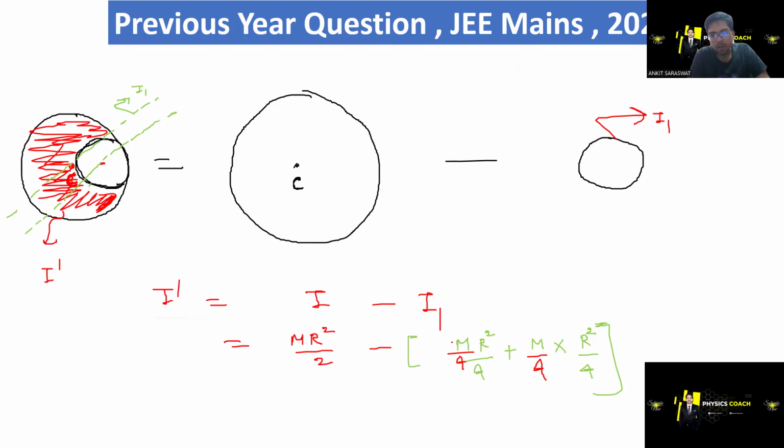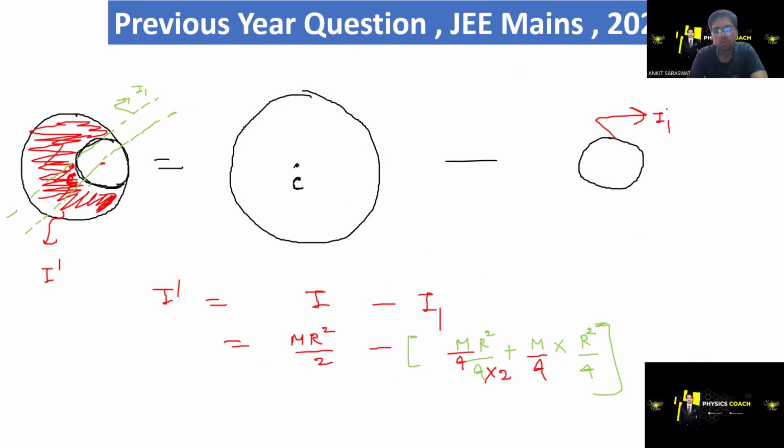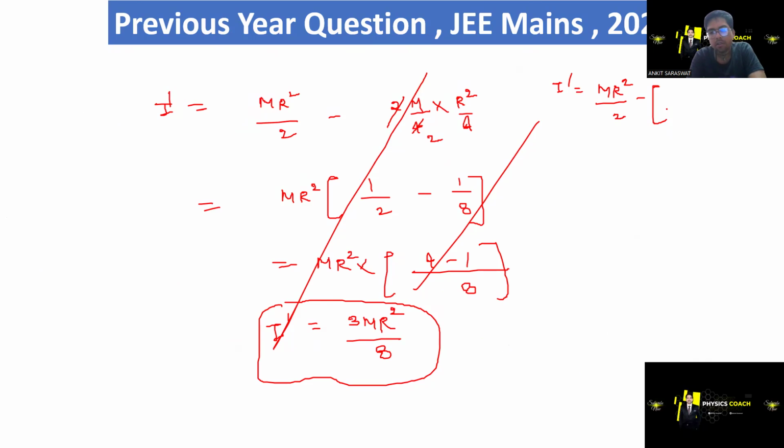So m by 4, that is, r is the radius, here it is 2. Okay, I forgot here, my mistake actually. So like these mistakes we will also encounter here. So make sure while solving, you should be very careful. So m by 4, r square by 4.